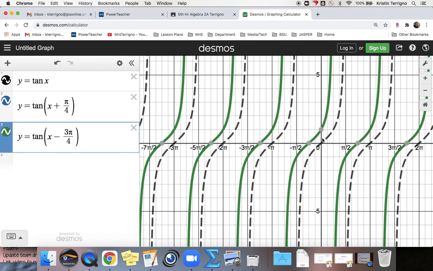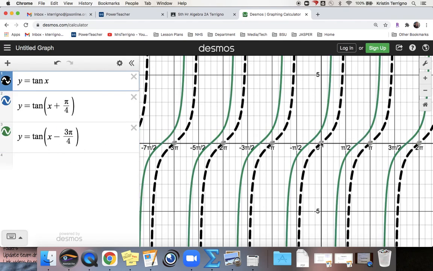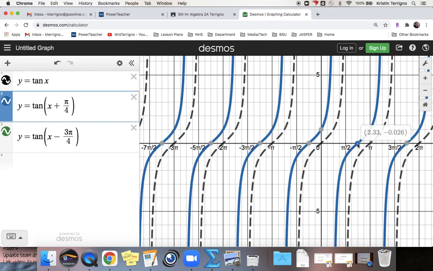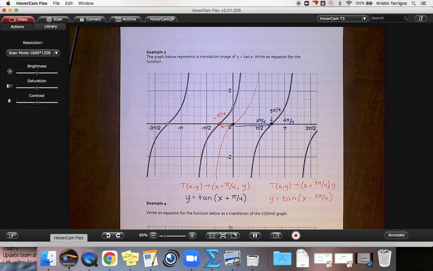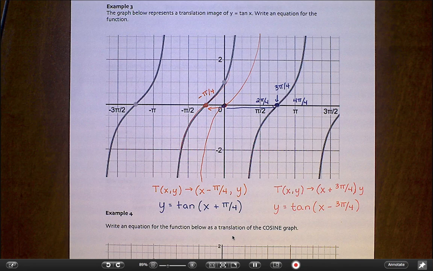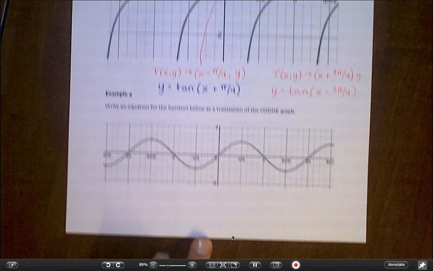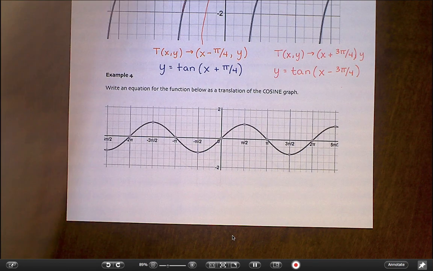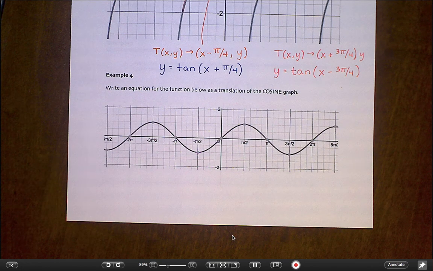So this green graph, technically what I did is I took this 0, 0, and I shifted it over to here, but that made it so that it lined up with the x plus pi over 4 as well. I hope you're convinced. I think you're probably convinced. And many of you are probably willing to just believe me anyway, which I appreciate, but really, you should be skeptical mathematically.